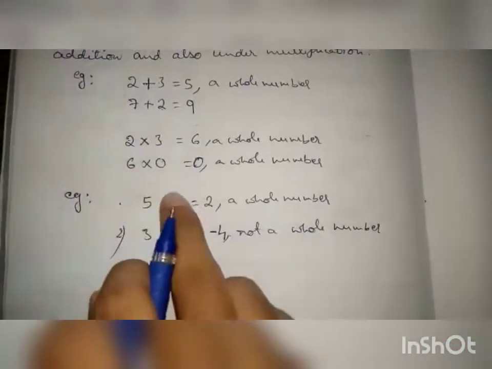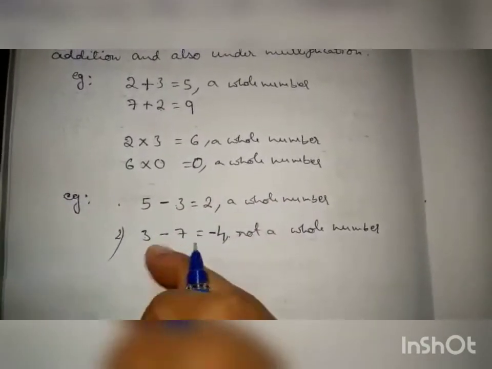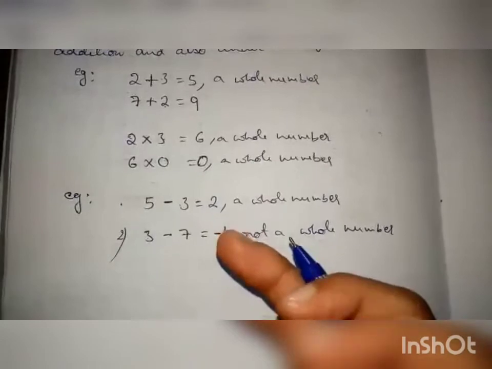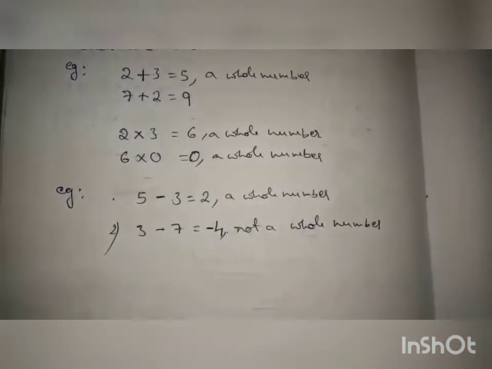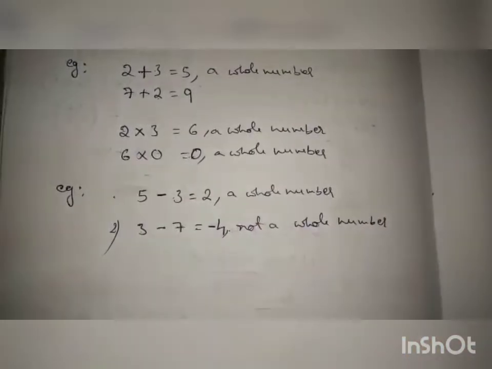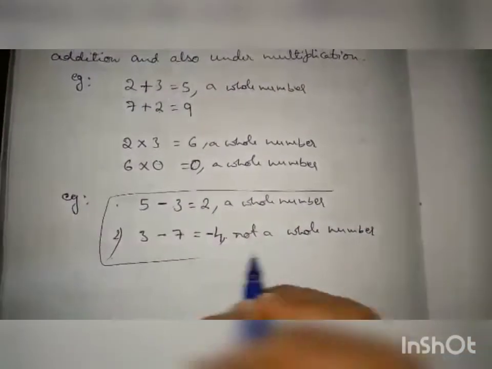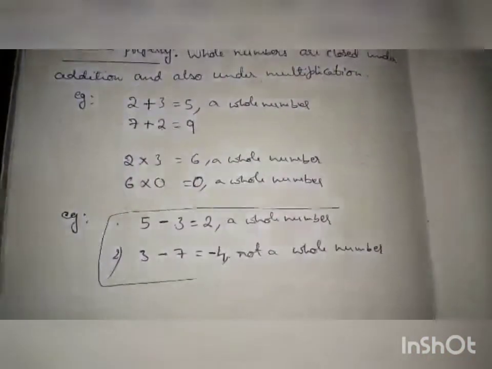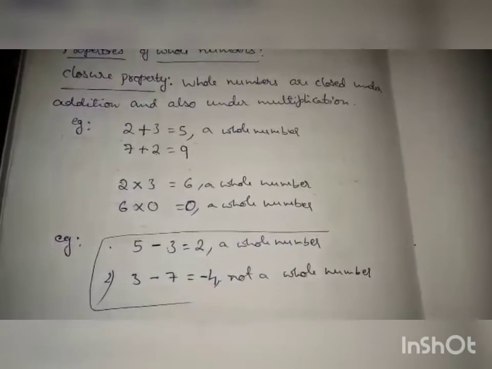Here you will get a whole number, here you will not. So when you take subtraction, sometimes you will get a whole number, sometimes you will get integers. So subtraction is not closed, and the closure property does not hold for subtraction.